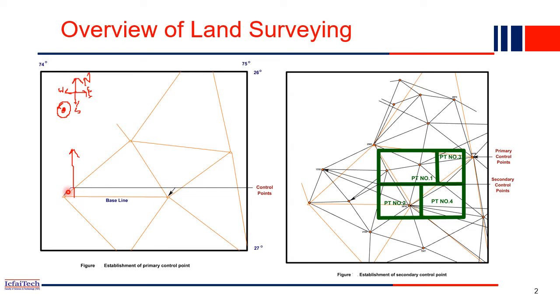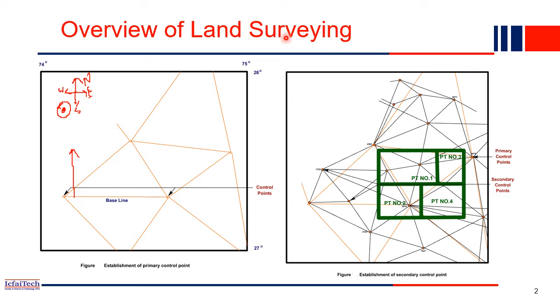The baseline length, the distance, we can also measure in the field using a tape or any long scale. We can find out the baseline length and the azimuth angle also. What is azimuth? Azimuth is how much angle it makes with the north. Now these two points are known in the field.